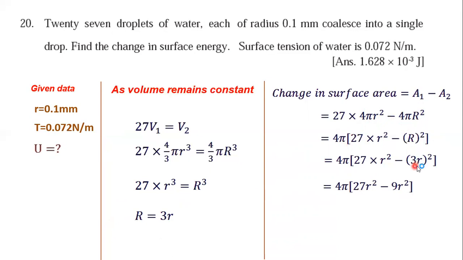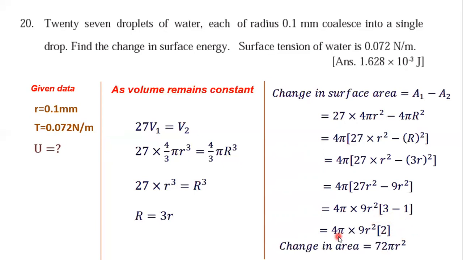So capital R square is 9r square. 27r square minus 9r square, or we can take 9r square common, 3 minus 1, so it is coming 2. So 18r square multiplied by 4 pi is the change in surface area. After solving this multiplication, we get 72 pi r square as the change in area.